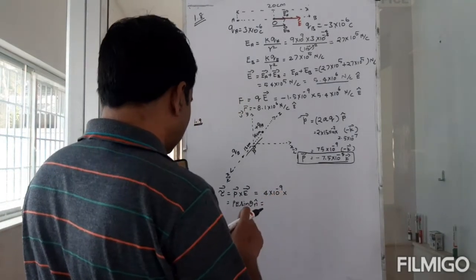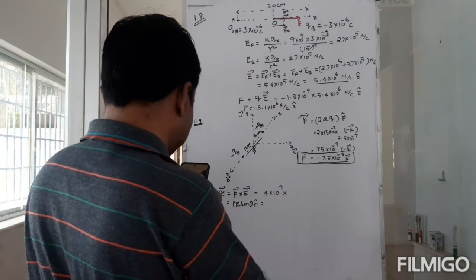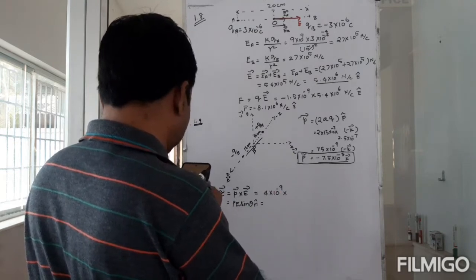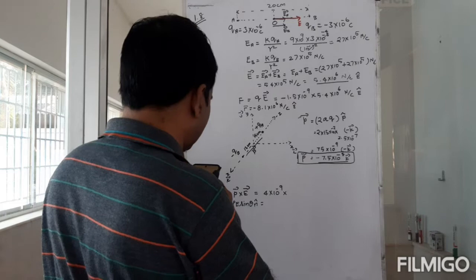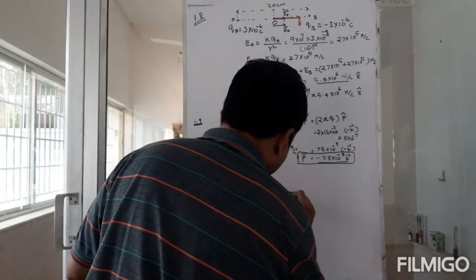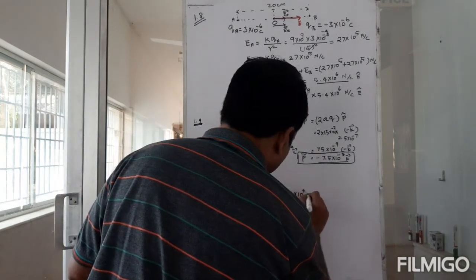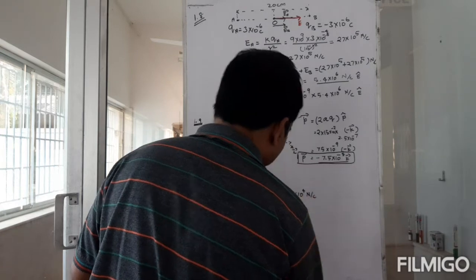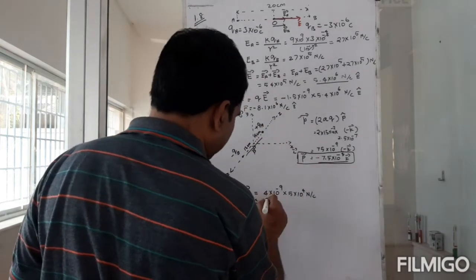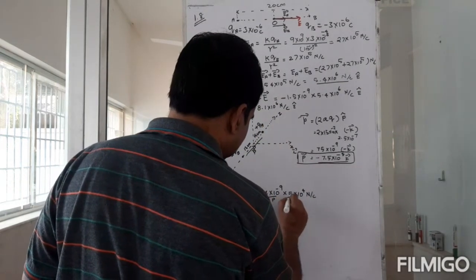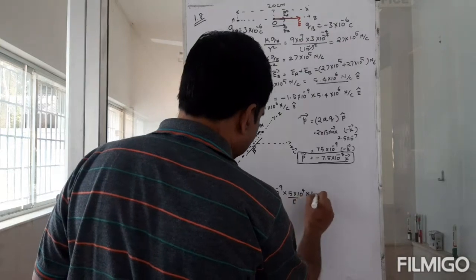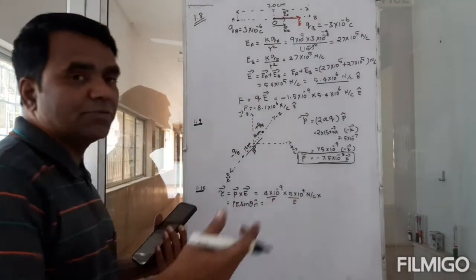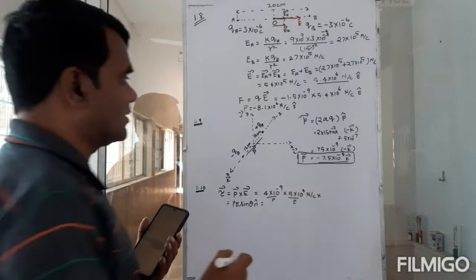And what is the E value? It is 5 into 10 power 4 newton per coulomb. So this is my P, this is my E, and then I should have sine theta, the angle between them. What's the angle between them?